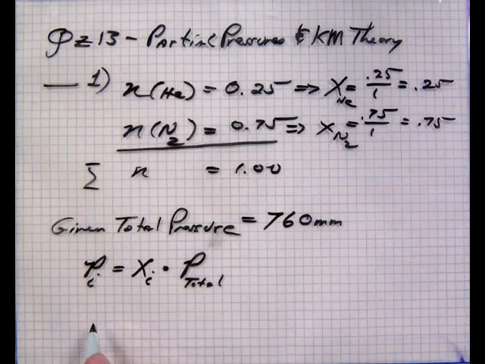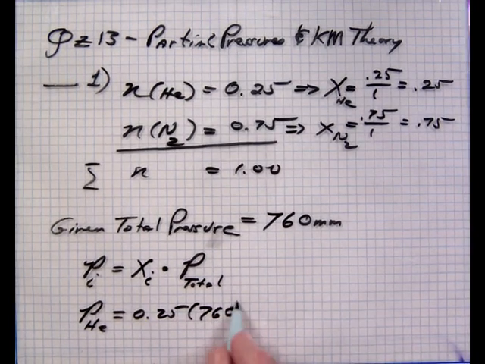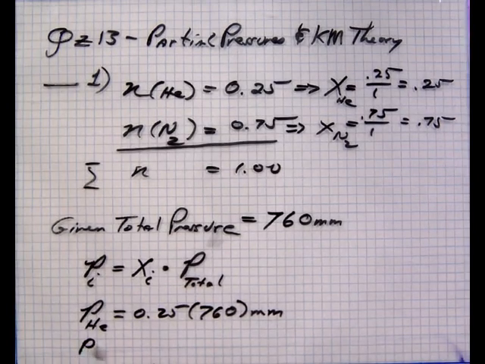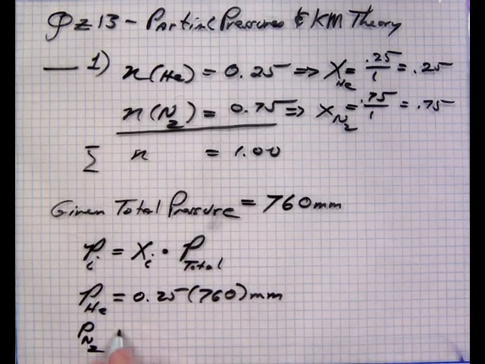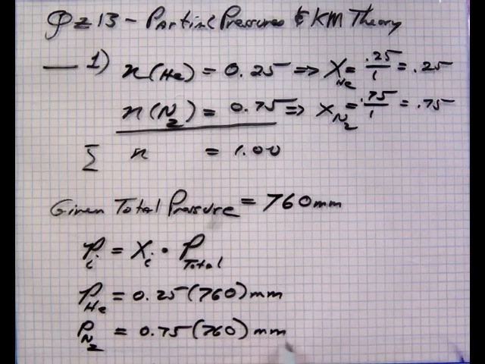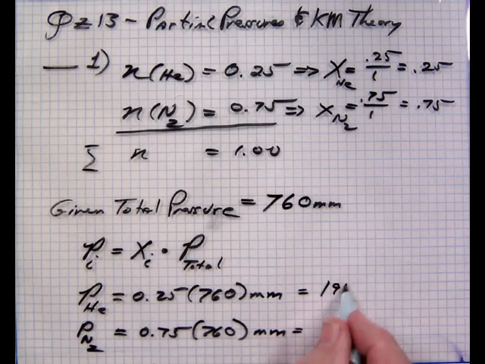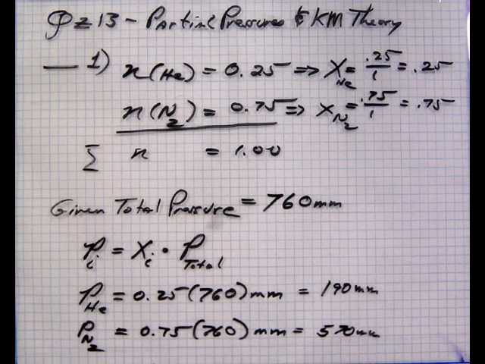So in this case, we have pressure of helium to be 0.25 times 760 in millimeters, and nitrogen to be 0.75 times 760 in millimeters, and we'll get 190 and 570. And I got bravo choice on that one.